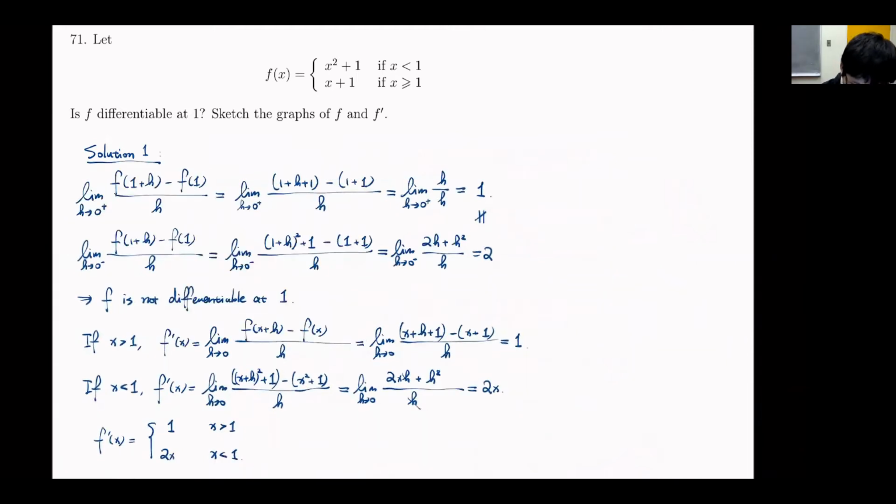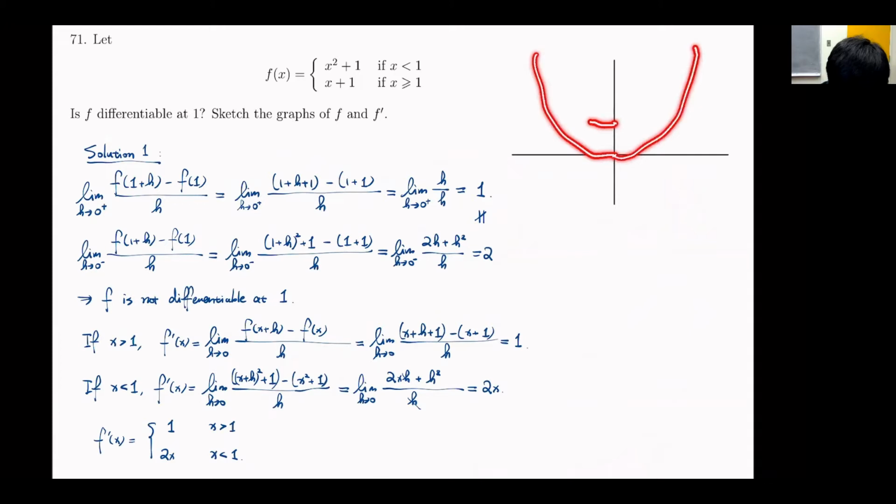Okay, so now let's actually start drawing the graph for f of x. So first, recall that x squared plus 1 is obtained from the parabola x squared. X squared is originally like this. So x squared plus 1 is simply shifting this guy upwards by 1 unit. So that's my x squared plus 1, but then we only need the part when x is strictly less than 1.